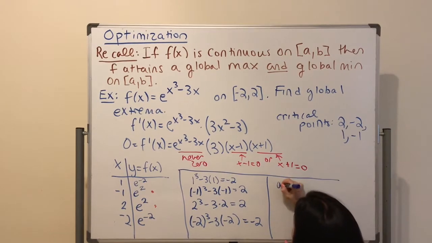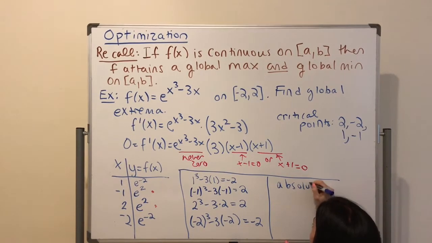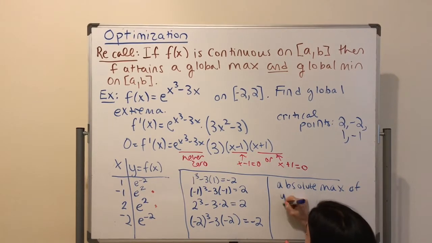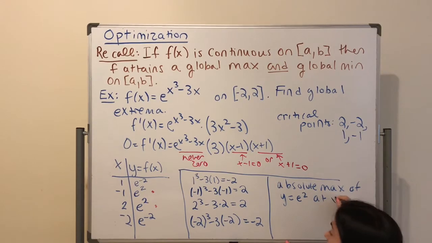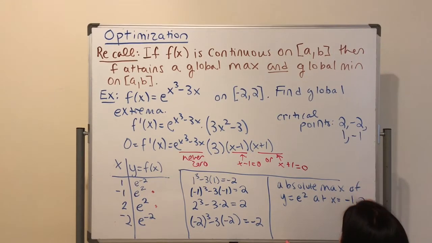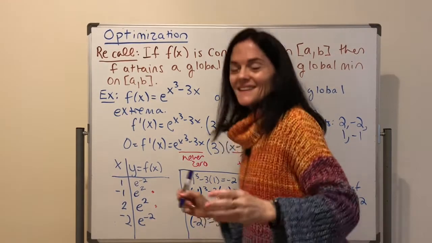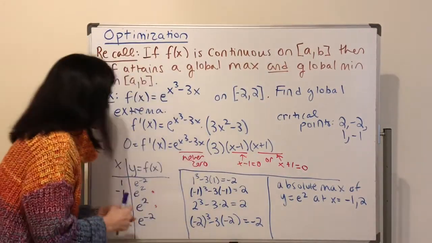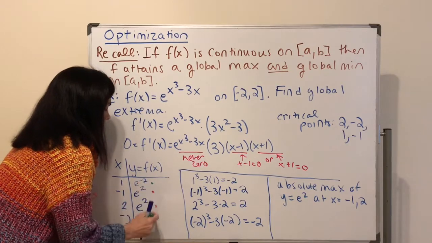So we have an absolute max, or global max, of y equals e squared, and it occurs at two different values, minus 1 and 2. Then we have an absolute min. Well, the lowest y value is here and here.